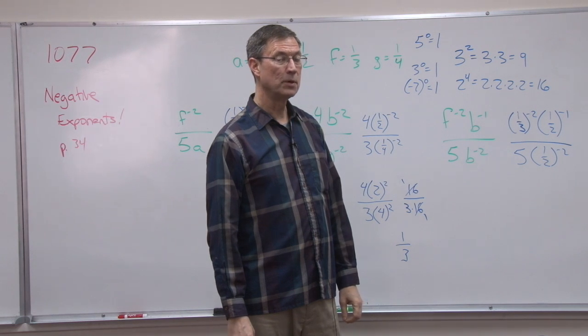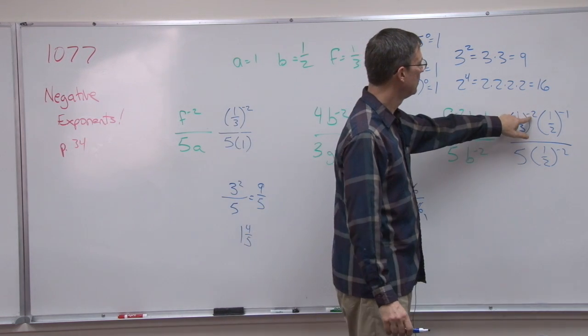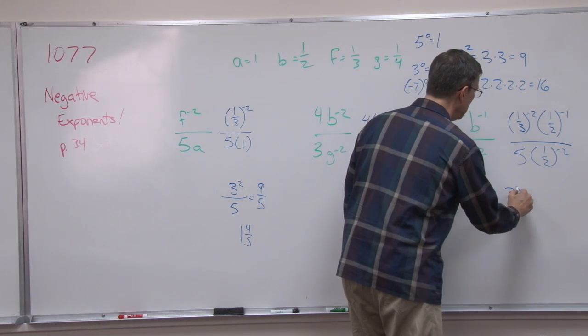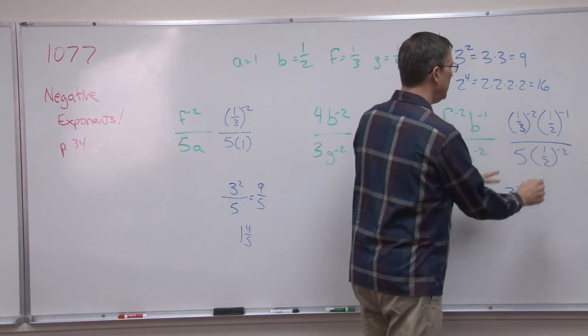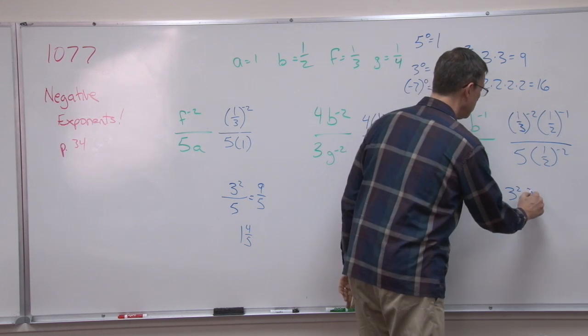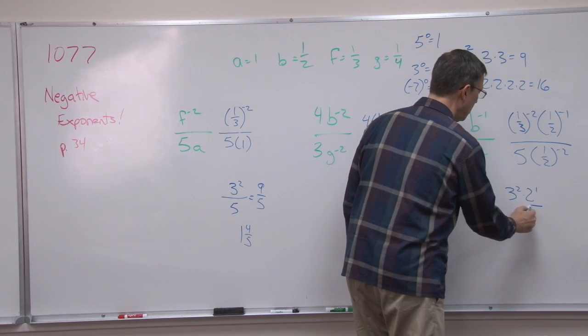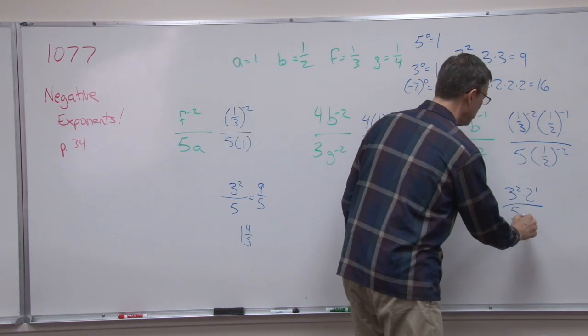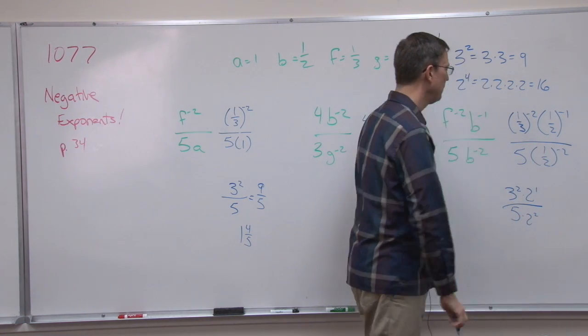So remember the steps? Get rid of the negative exponent. We're going to flip this, so this becomes 3 to the 2nd power. Flip this and it becomes 2 to the 1 power. Over 5, flip this and it becomes 2 to the 2nd power.